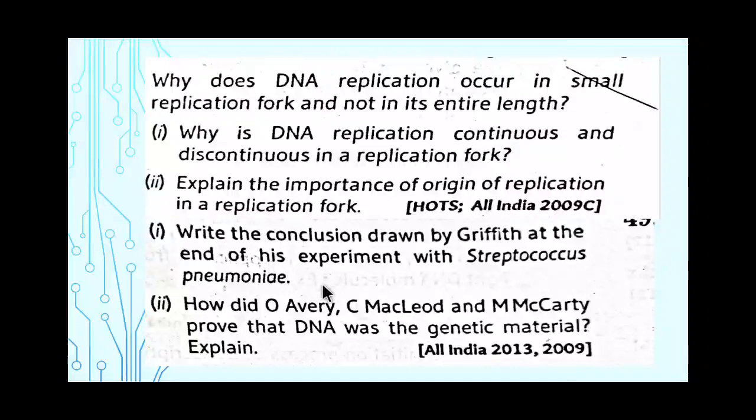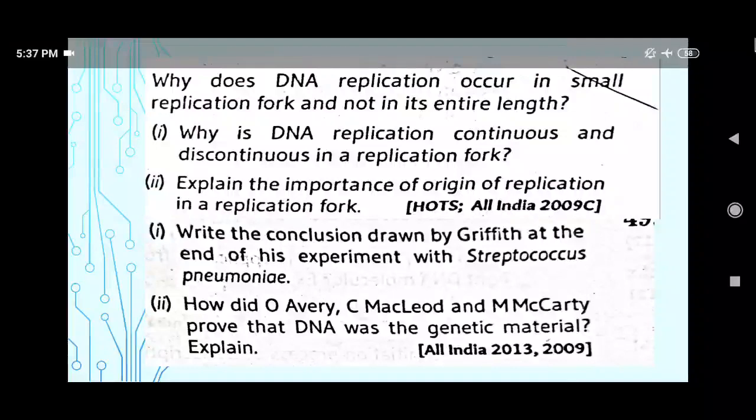What you can do, give a flow chart, like the flow chart given in your NCERT book on page number 100, where it is written transforming principle. There it is written S strain injected into mice, then mice die. R strain injected into mice, then mice live.